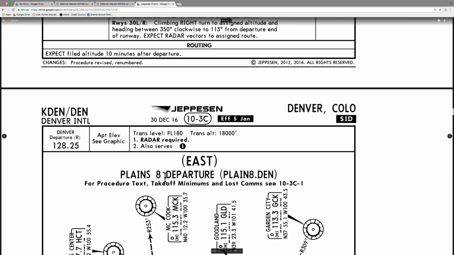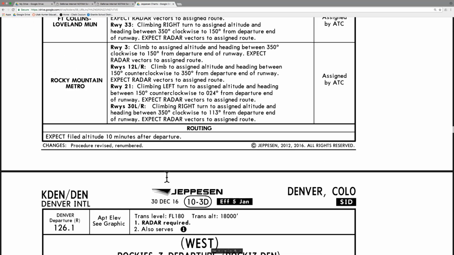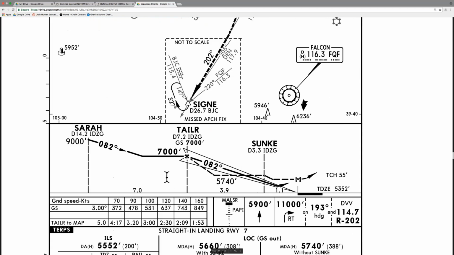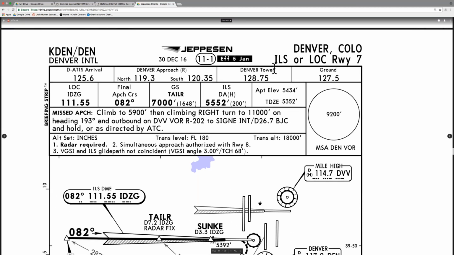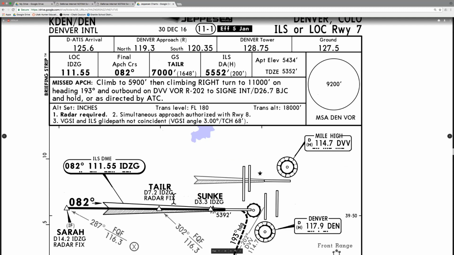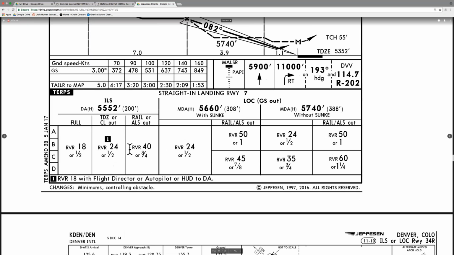I just zoomed out so it messed up where I was. We're looking at our approach plate coming into ILS runway 7, and we see our ILS approach minimums here. Look at our standard minimums, 200 feet, half mile, so 200 and a half. If our ALS goes out of service, look at what happens to our visibility.